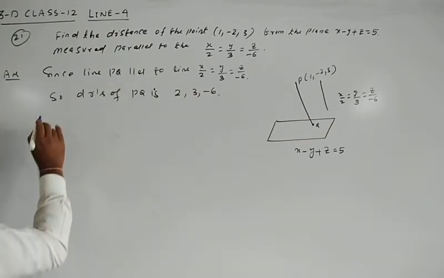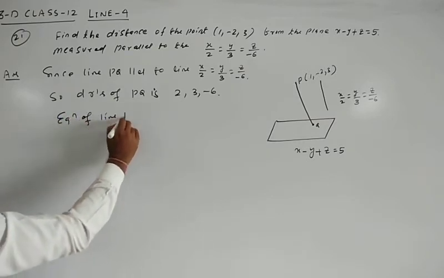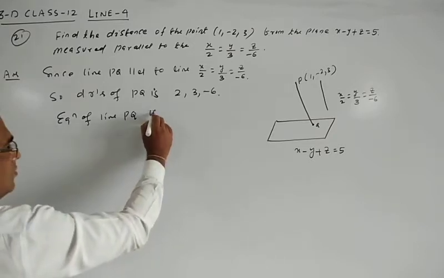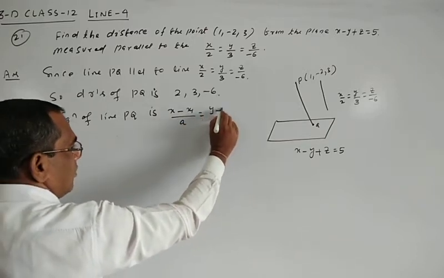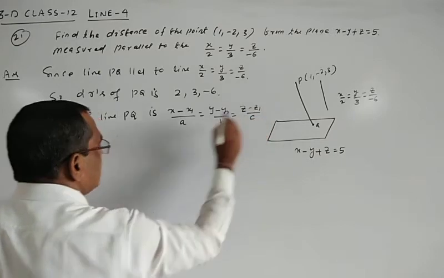So the equation of the line PQ is x minus x1 by a equal to y minus y1 by b equal to z minus z1 by c.